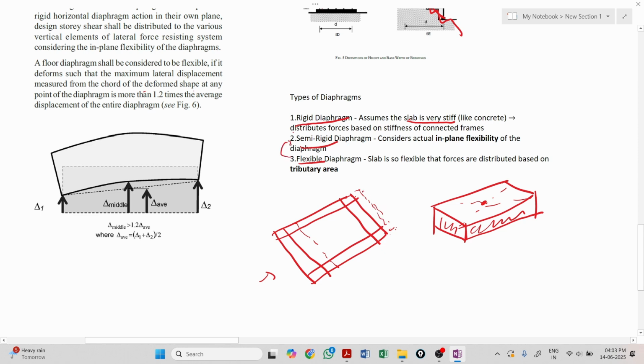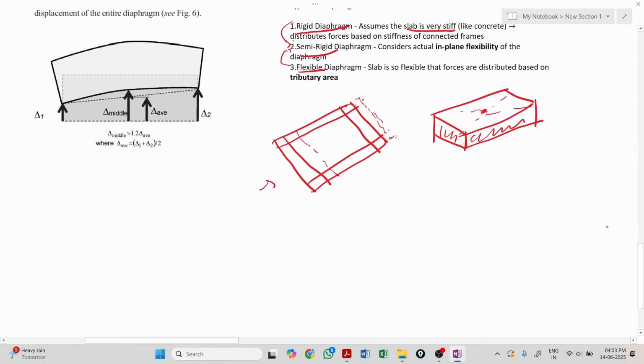Semi-rigid is a combination of flexible and rigid. So flexible is something where the load will distribute by this method. Load distribution is like this, tributary area method.